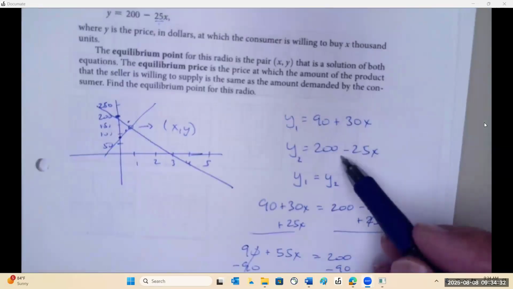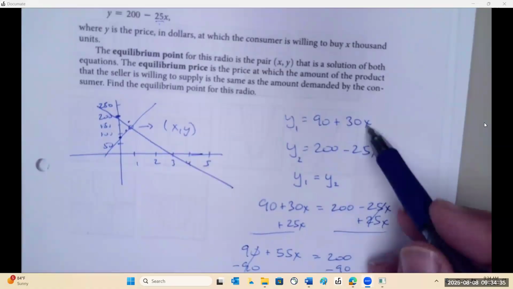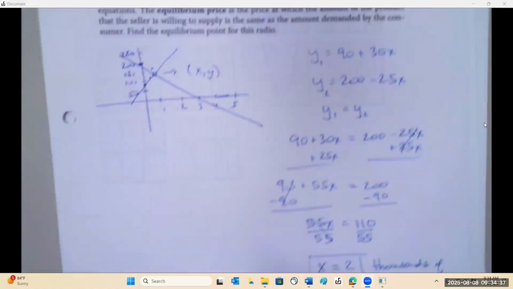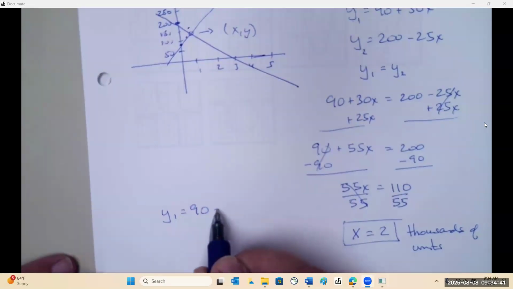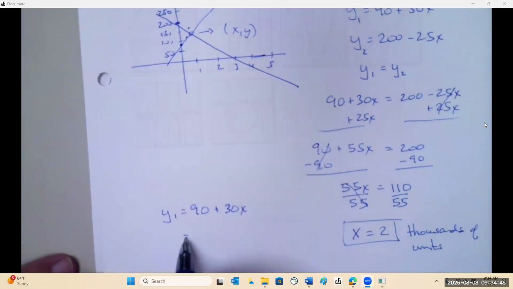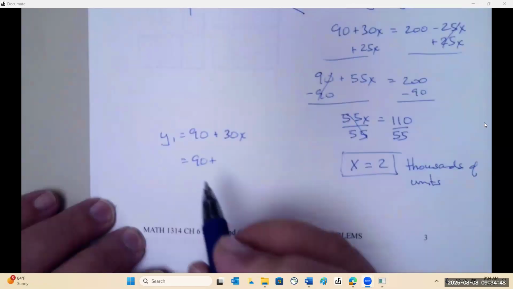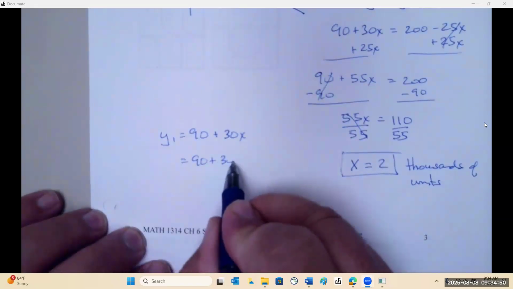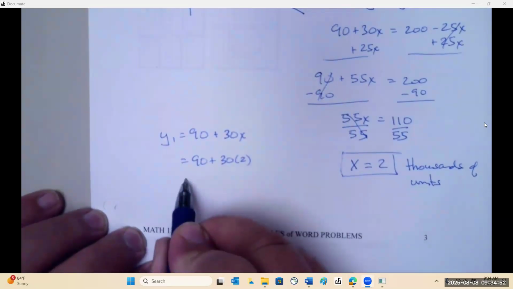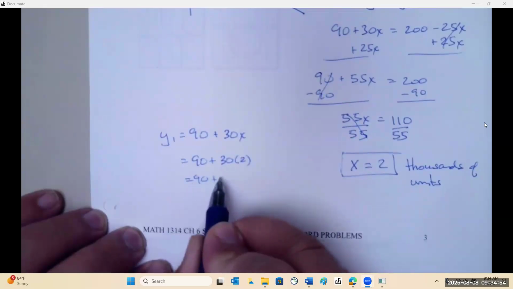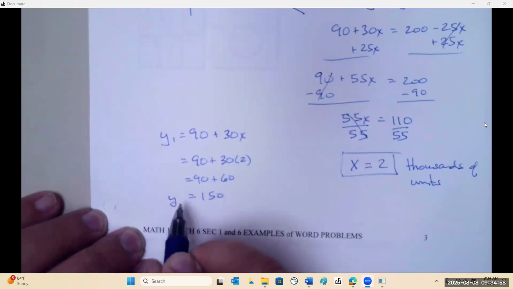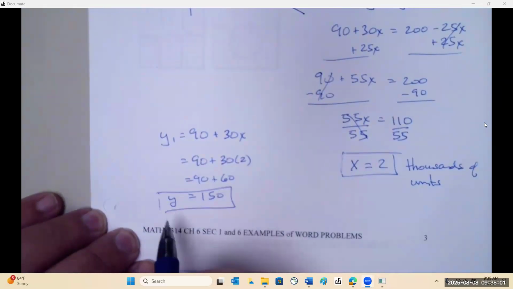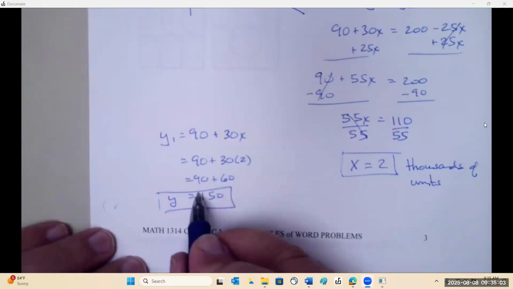We can use either one of these two. It doesn't matter which one. Let's use y1. 90 plus 30x. X is 2. So 90 plus 60 equals 150 dollars.